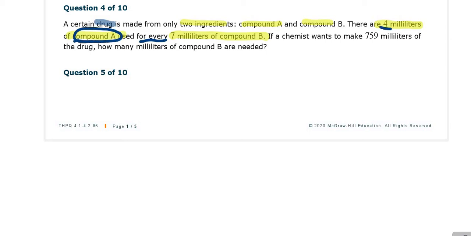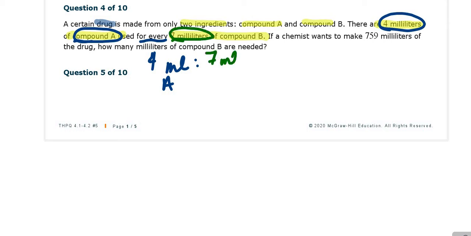So we have 4 milliliters of compound A used for every 7 milliliters of compound B.